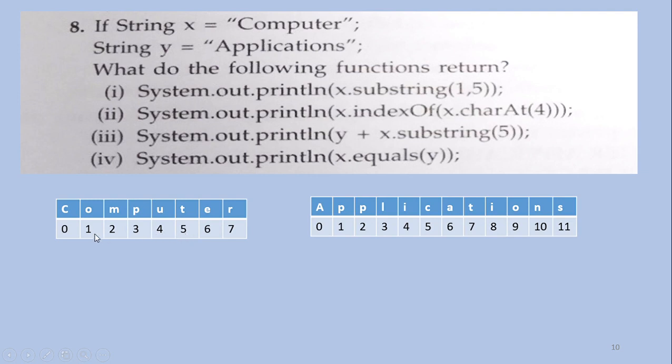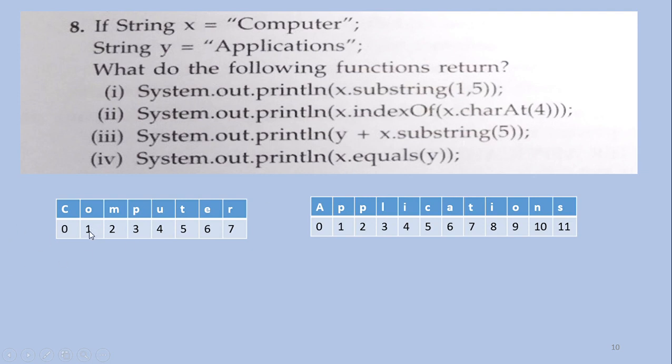So 1, 2, 3 and 4. Clear? So this is how your substring works. Be very careful. When you are using with two arguments, the first index number is included and the last index number is not included.